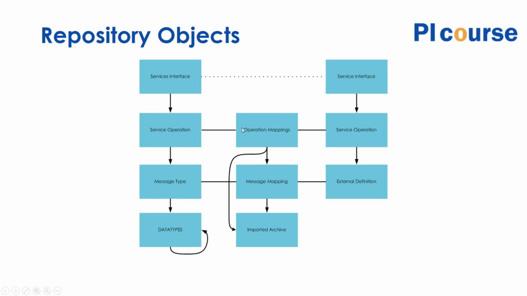So you're having operation mapping that would convert from this layer, the message type, to an external definition of the message. And then you can also use imported archives to do this conversion of messages.